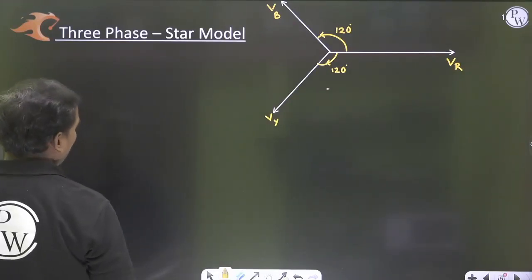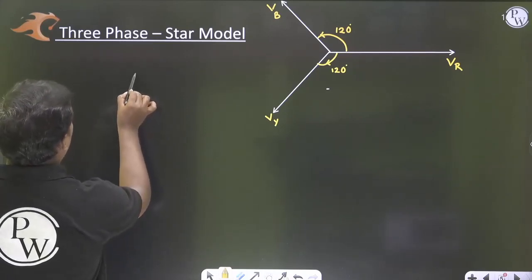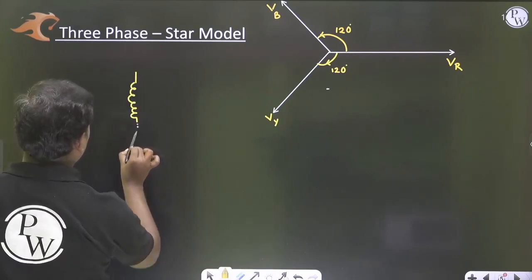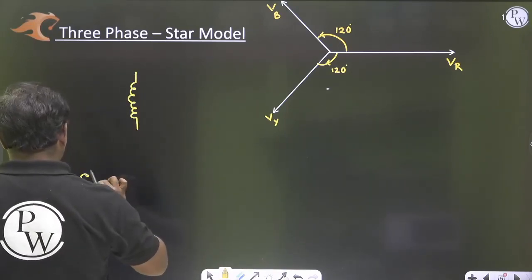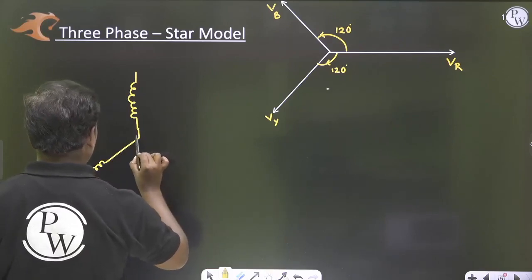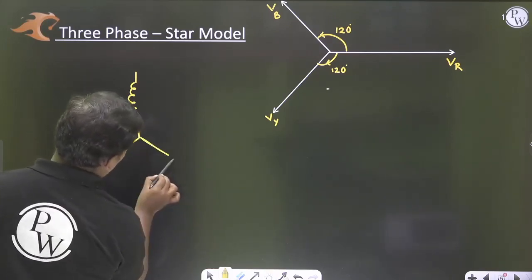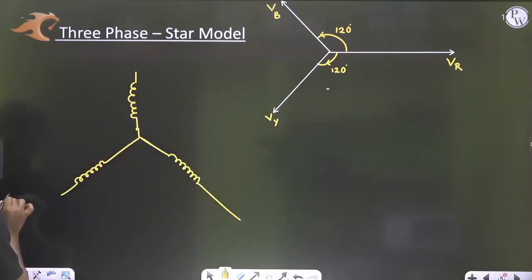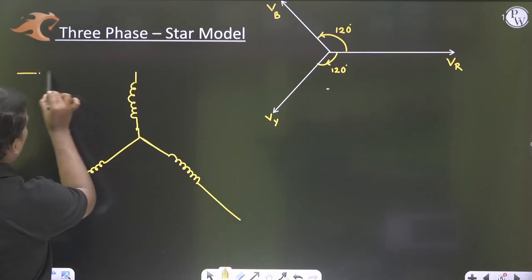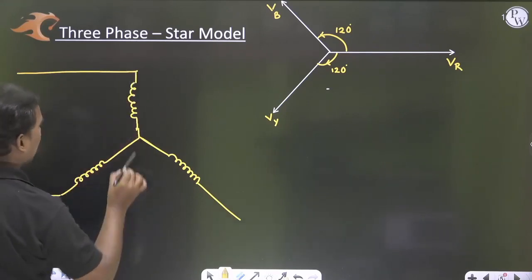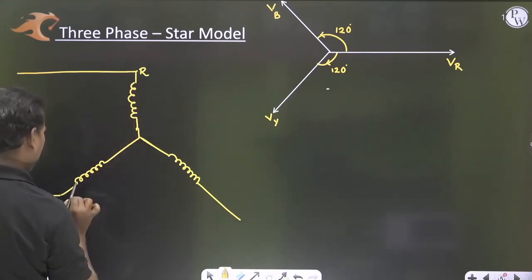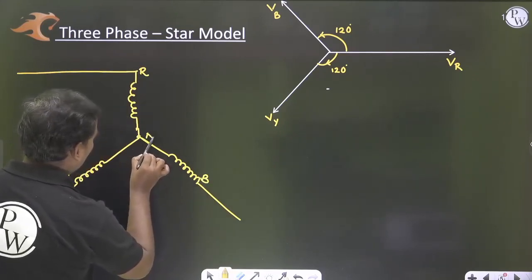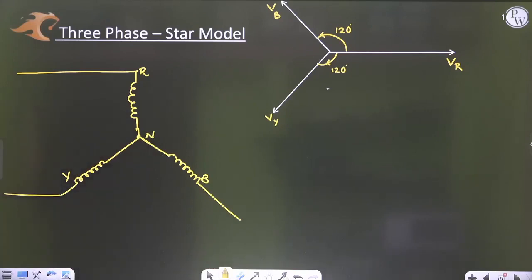So if I want to show a star model, these are the inductors, inductive load I am taking. So three coils connected like this. Let us take this as R, Y, B. So this is a three-phase star model.